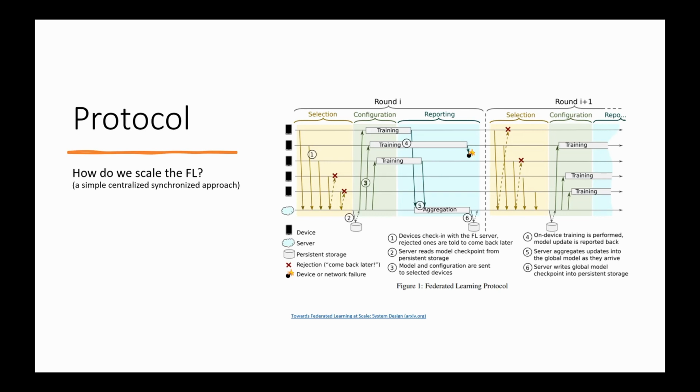The process in this image fairly describes what happens in a centralized, synchronized type of federated learning, in which clients or devices make a request in order to get permission for participation, and then once they get this session, they start training on some local data, and then they end up sending their models to the server for some aggregation, and this aggregated model is then redistributed to the devices.